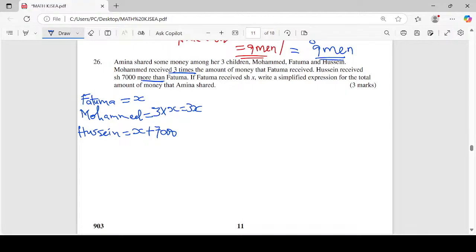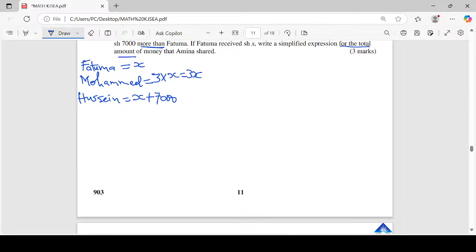But now the question says, write a simplified expression for the total amount. So to get the total, I'm going to take what Fatuma received. Fatuma received X. I add it with what Mohammed received, which is 3X. I add it to what Hussein received, which is X plus 7,000.